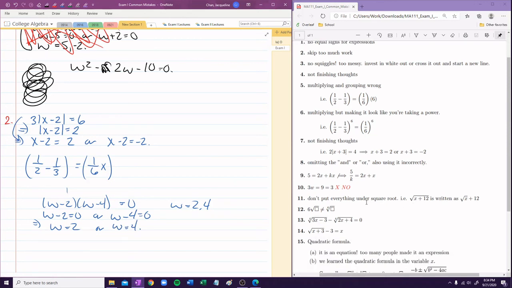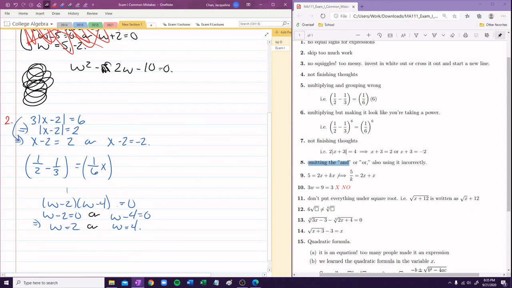All right? Another thing is a lot of people either omitted the "and" or they used it incorrectly. So a lot of you, okay, you just did this. That's not right. Okay, is it "or", is it "and"? Okay, so that's really important, and just to clarify, it's "or".